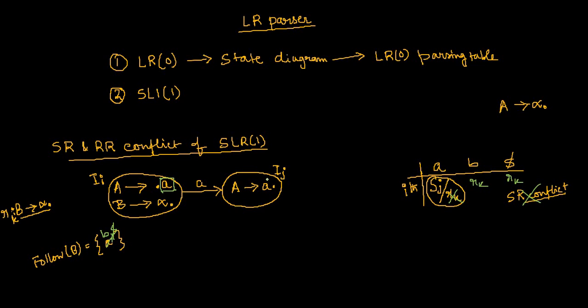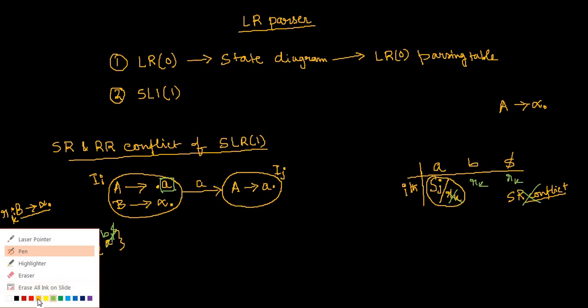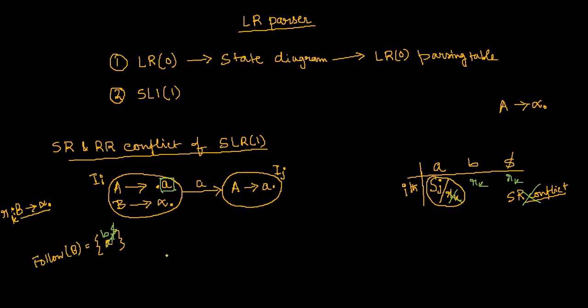This is one situation. Let's take another situation. Suppose, because of some grammar, I found a state having production rules like this: A to alpha dot and B to beta dot.